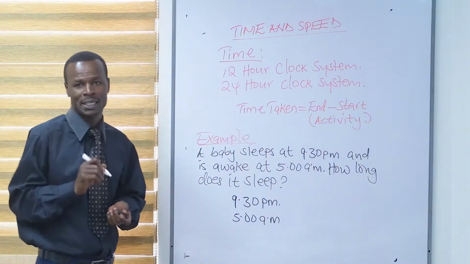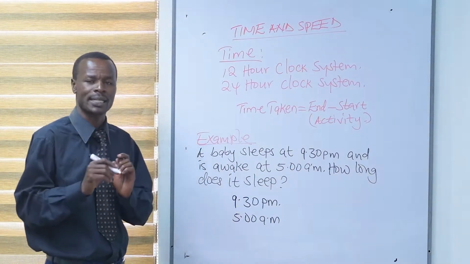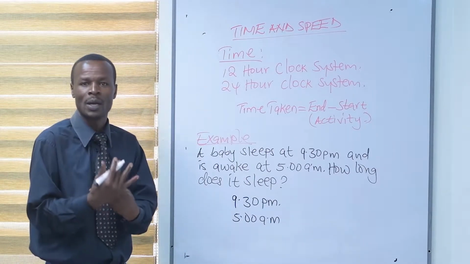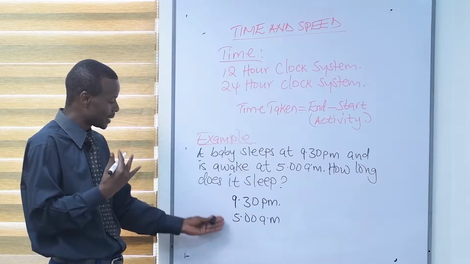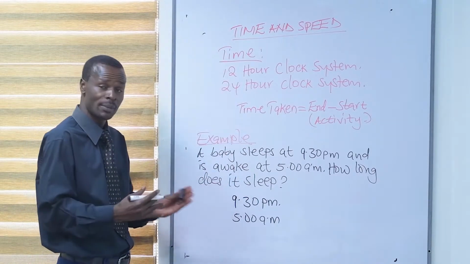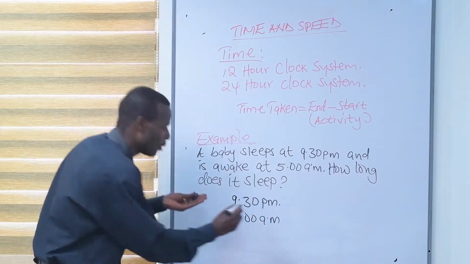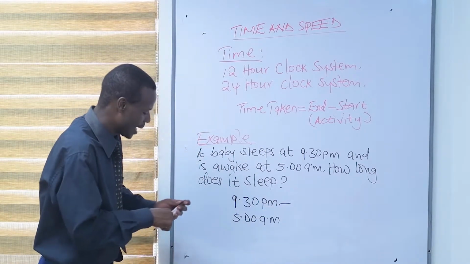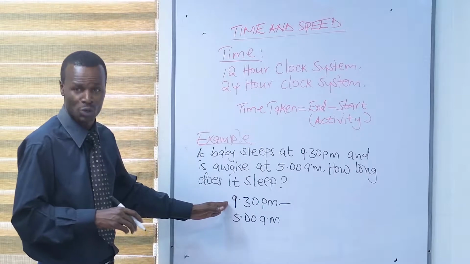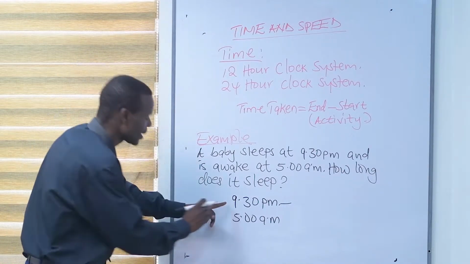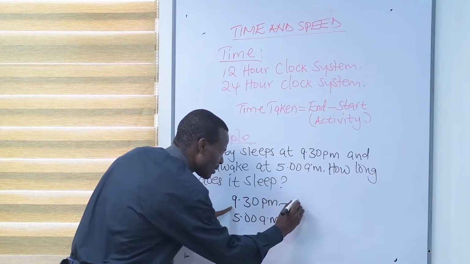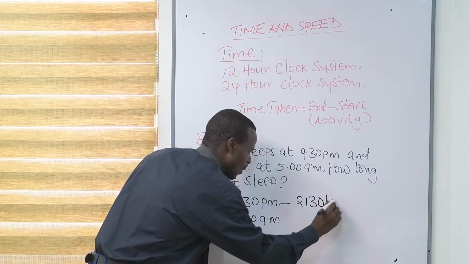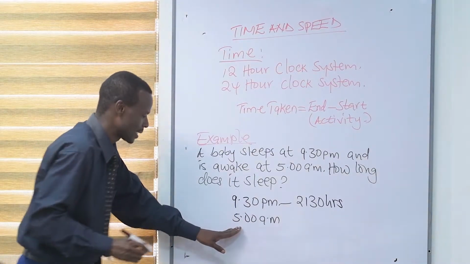Remember and note that it's important that when we are subtracting or adding time, we need to convert the time from the 12-hour clock system into the 24-hour clock system. And therefore, very quickly, to convert PM into the 24-hour clock system, we add 12 hours to 9, and therefore that will give us 21:30 hours.